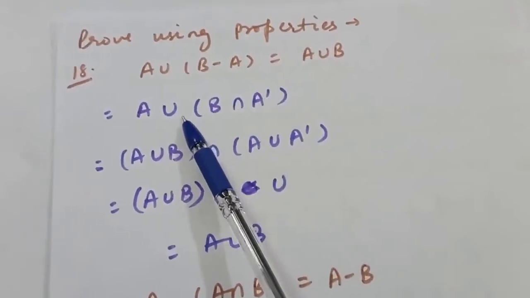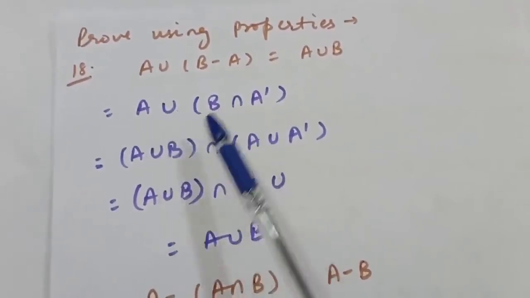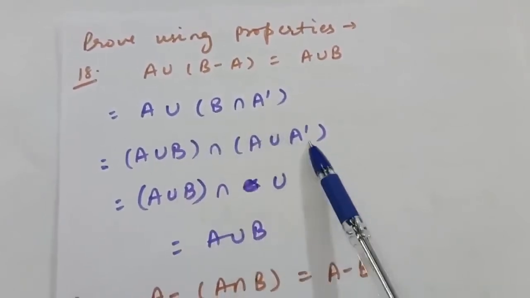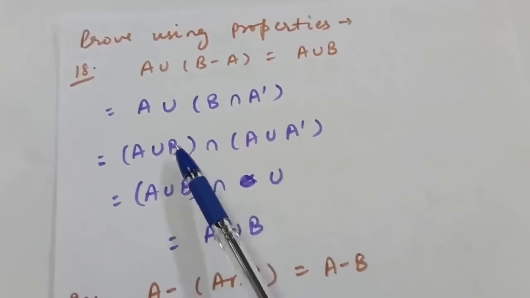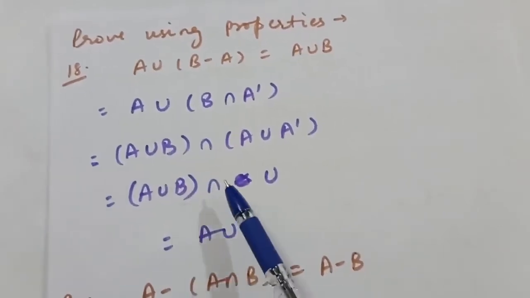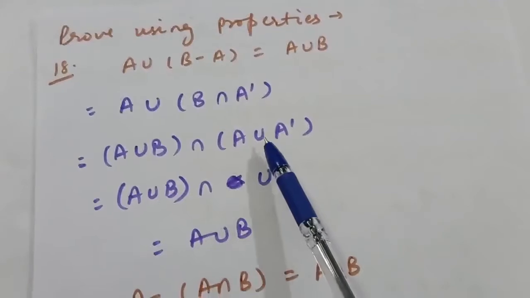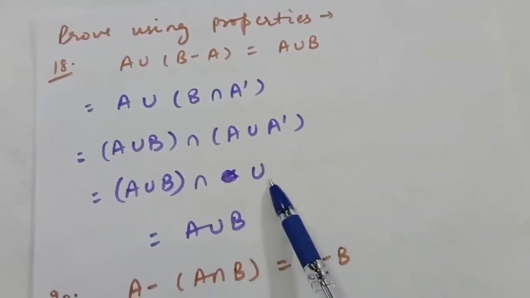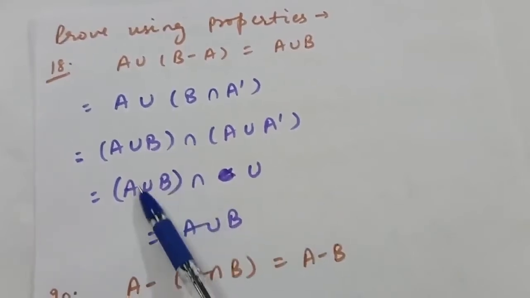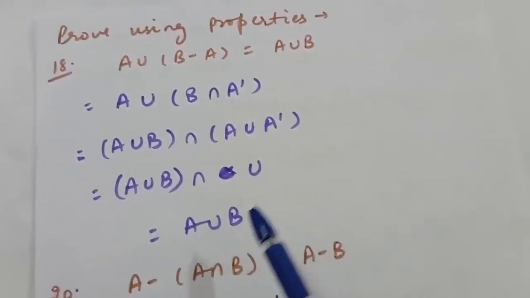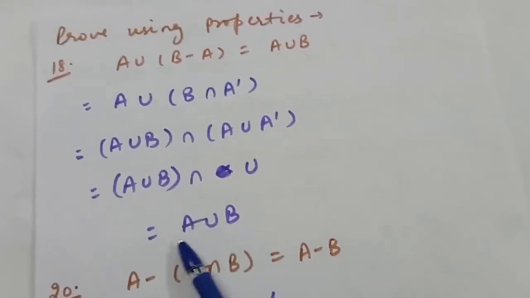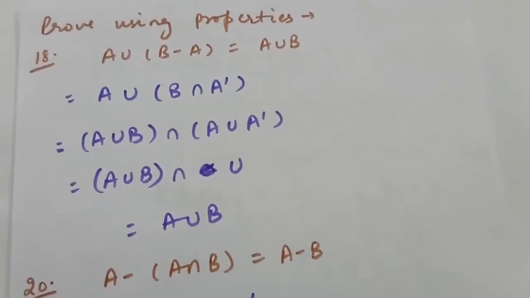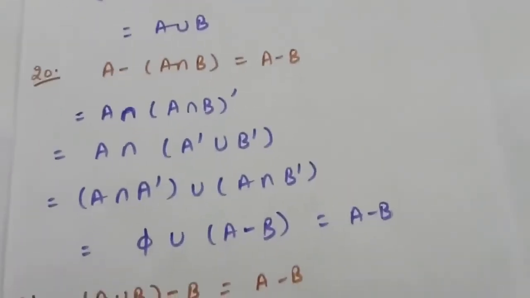Now using distributive law, A union B intersection A union A complement is equal to A union B as it is, intersection union of A and A complement. So union of these two is the universal set, and intersection of any set with the universal set is the set itself. So it is equal to A union B. So we have proved this by the property.